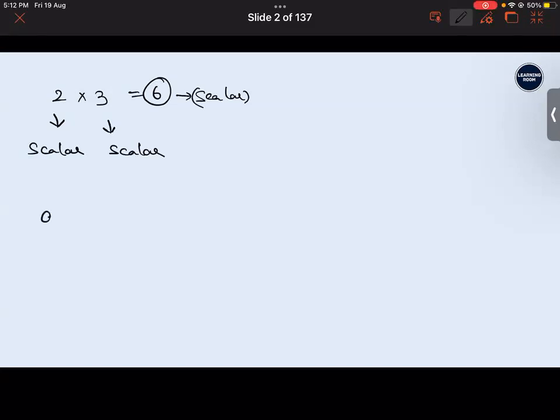Whereas instead of me giving you scalars, if I give you vectors, like A vector and B vector are the two vectors, find the product between them. If I put a question like this, the first thing you're supposed to notice is that when you take two vectors, you cannot do the direct product between them.